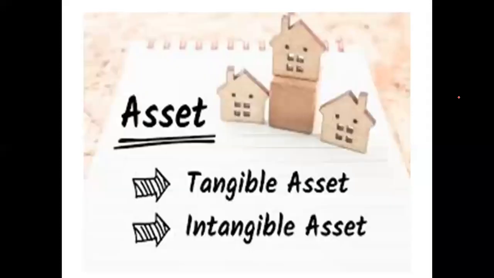Students, as you know, in every business there are two types of assets that every business enterprise possesses. One is tangible asset and the other is intangible asset. Tangible assets are assets which you can see or touch. And intangible assets are those assets which you cannot see or touch.